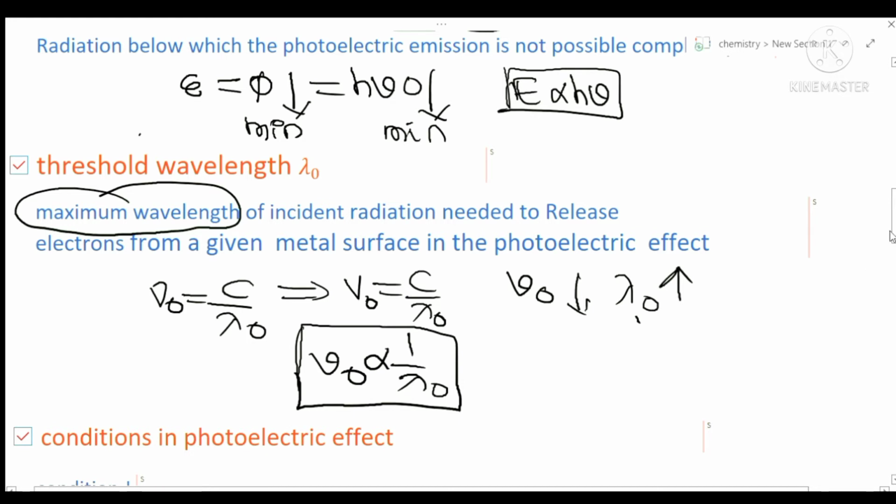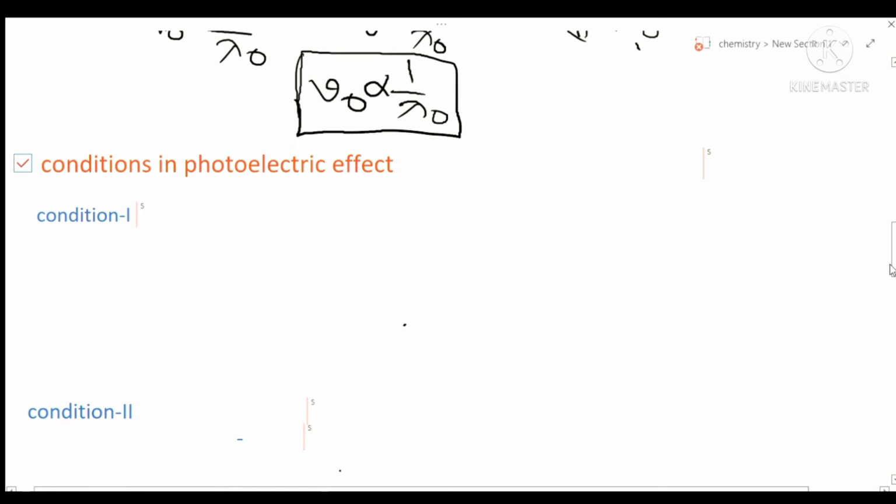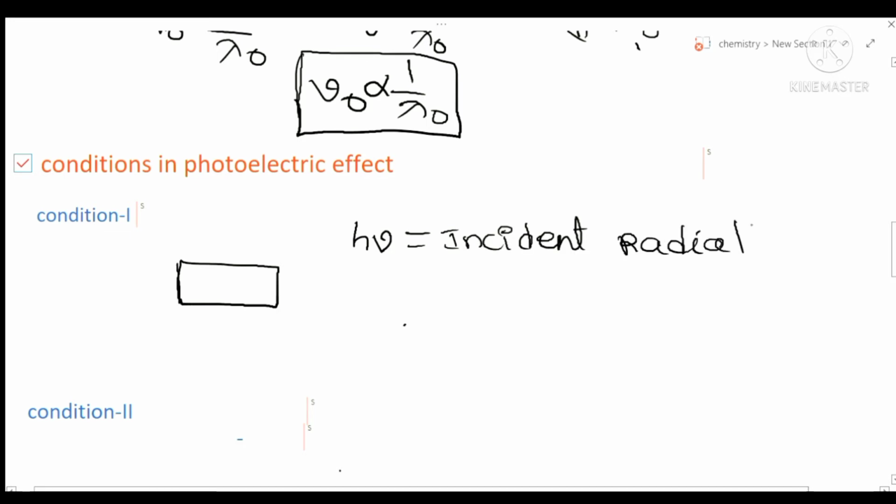Okay. Next one, you can see some conditions will be there in the photoelectric effect. Because of those conditions, sometimes the photoelectric effect is possible, sometimes it is not at all possible. For example, I am considering one metal surface. On the metal surface, the incident radiation I am defining as h mu. This is called the incident radiation.